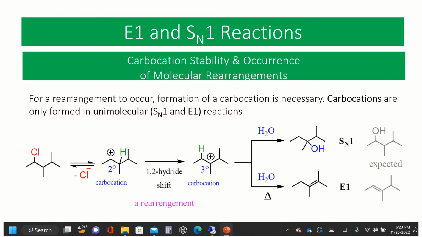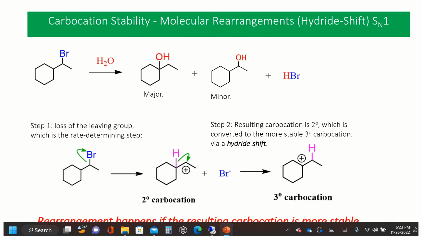If we probe this reaction by using this alkyl halide, we will know that once dissociation occurs to give us our carbocation, then we have a 1,2 hydride shift where the electron pair between this carbon and hydrogen will move in here to attack that carbocation, and at the same time takes this hydrogen with it.